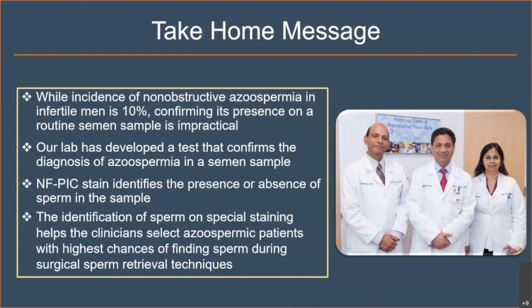The identification of the sperm on special staining allows the clinicians to select azoospermic patients who have the highest chances of finding sperm during the surgical sperm retrieval techniques. Next slide, please.